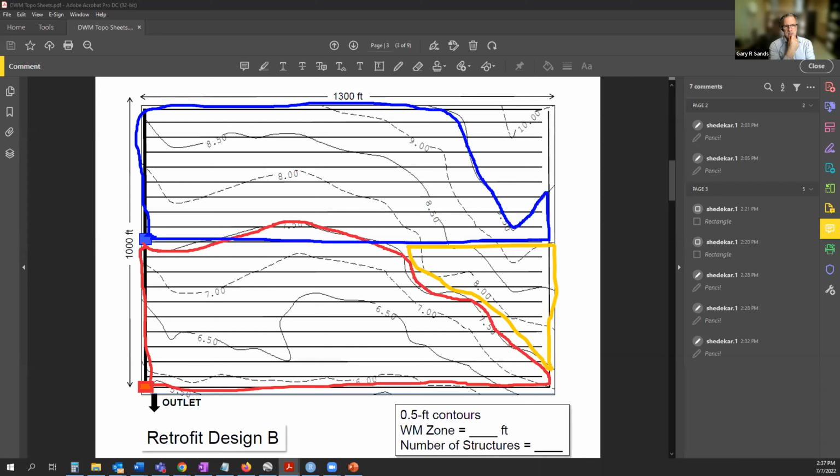The models suggest this. So that would be the second place that this water could go. Any other thoughts on that one? Okay, great.